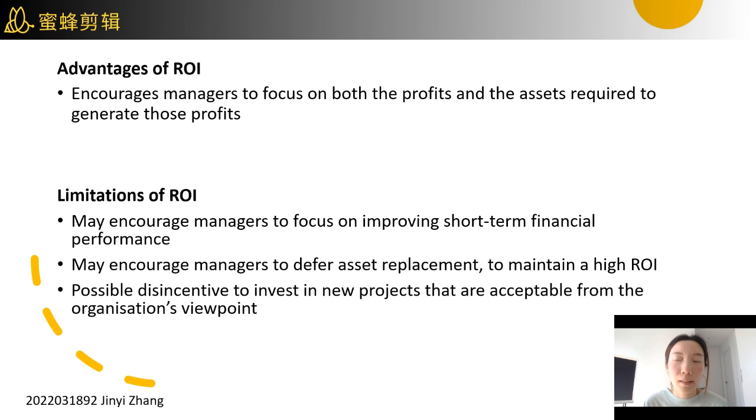Mr. Smith is worried about the ROI number dropping a lot next year after the investment. Also, this ROI measure may encourage managers to defer asset replacements to maintain a high ROI, and it is a possible disincentive to invest in new projects that are acceptable from the organization's viewpoint.